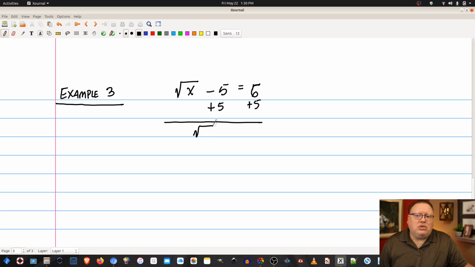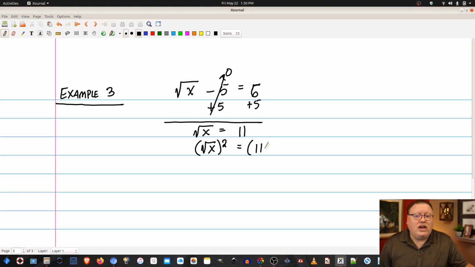And we're going to end up with the square root of x is equal to, because this 5 minus 5 is 0, and 6 plus 5 is 11. Now we have our radical on one side of the equation by itself. So all we have to do is square both sides to undo the radical. So we're going to take the square root of x and square it.